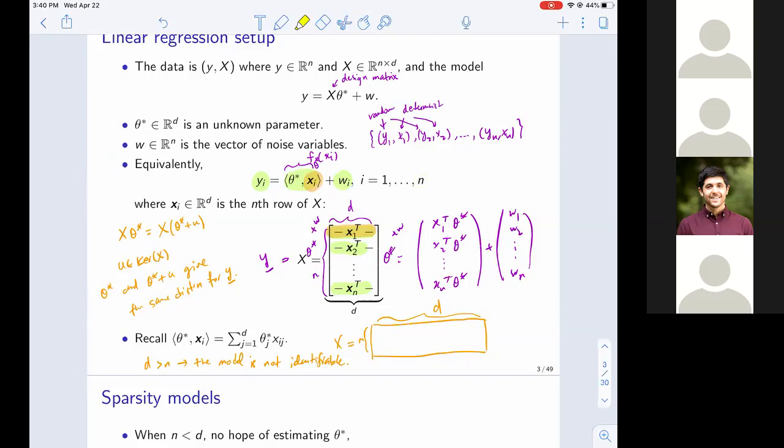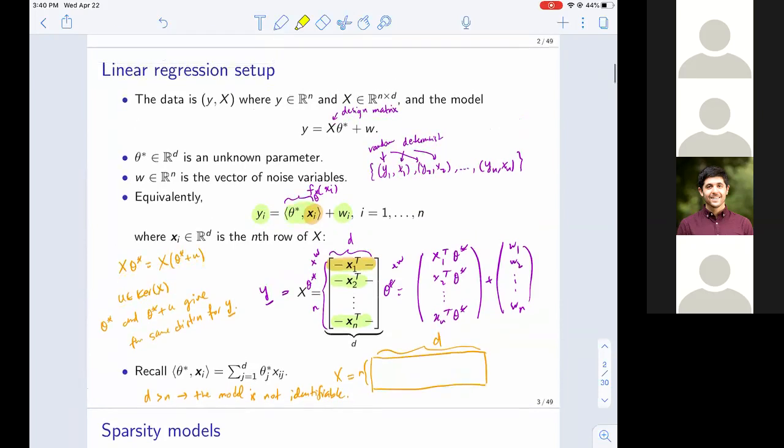And you can rearrange things in this form. You can write y as y_1, y_2, up to y_n. So that's the y vector.